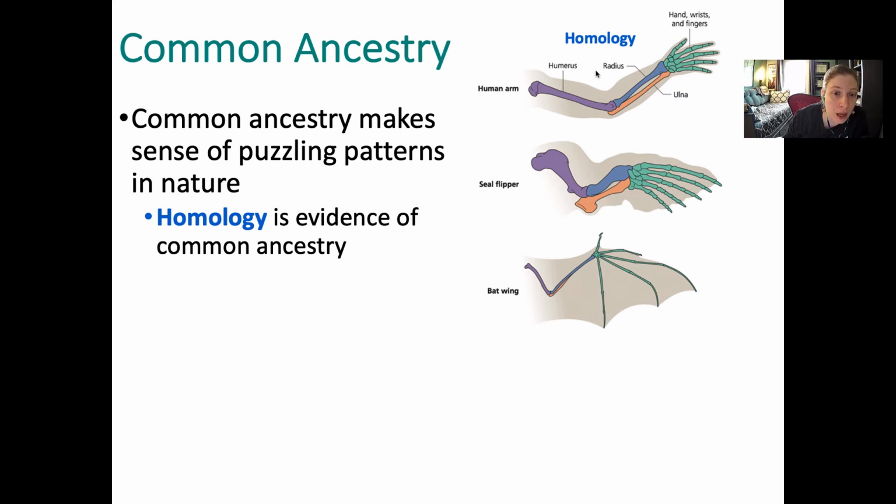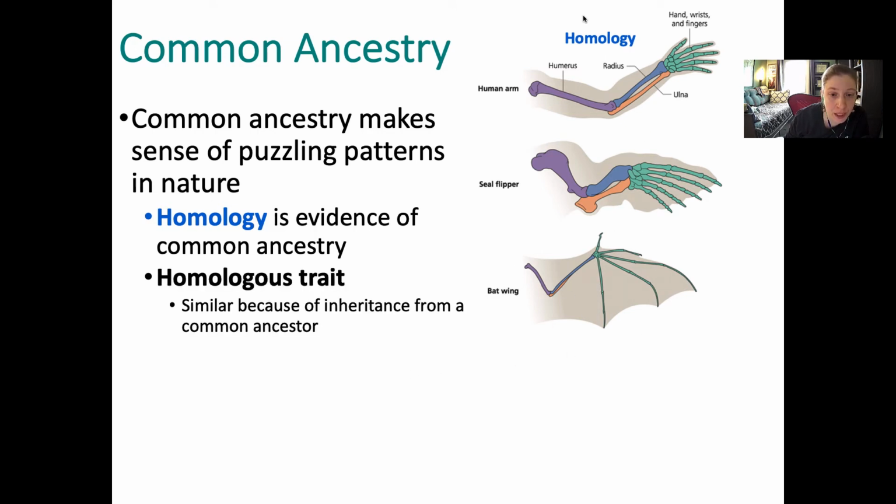You can tell that all of these species share a common ancestor because their forelimbs all have the same bone structure. In every forelimb, whether it's used for grabbing things, swimming, or flying, you have a humerus, a radius and ulna, and your hand, wrist, and finger bones. These have been modified in the different groups for different things, but the same bone structure is found in all of them.